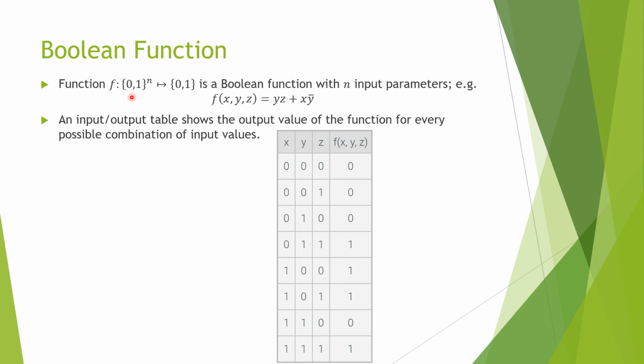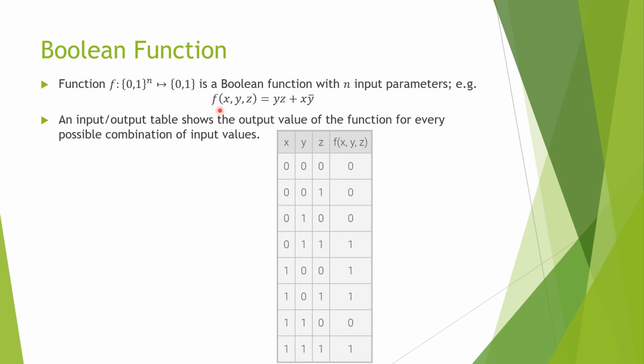So if you multiply {0,1} by itself only once, it becomes {0,1} squared. What is {0,1} cubed? It is when you apply the Cartesian product on {0,1} and itself twice. Then it becomes {0,1} cubed. A Boolean function with n input parameters has a domain equal to {0,1} to the power n.